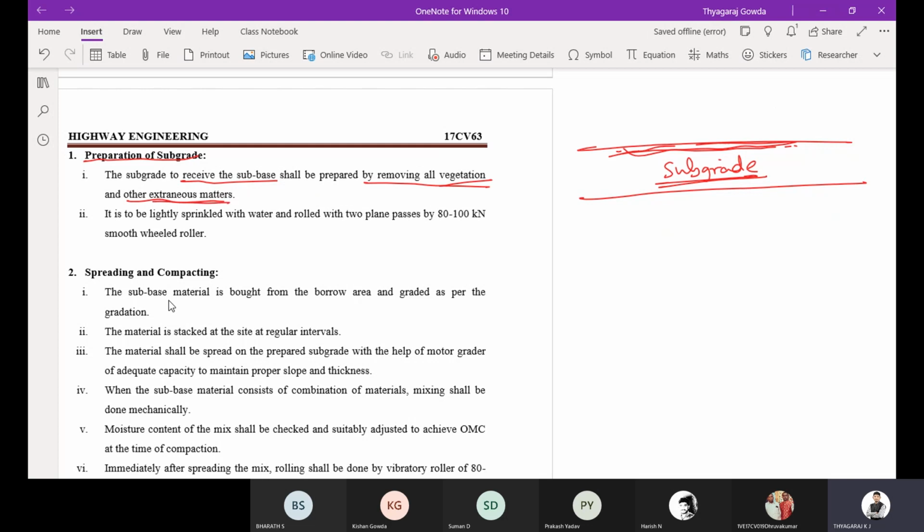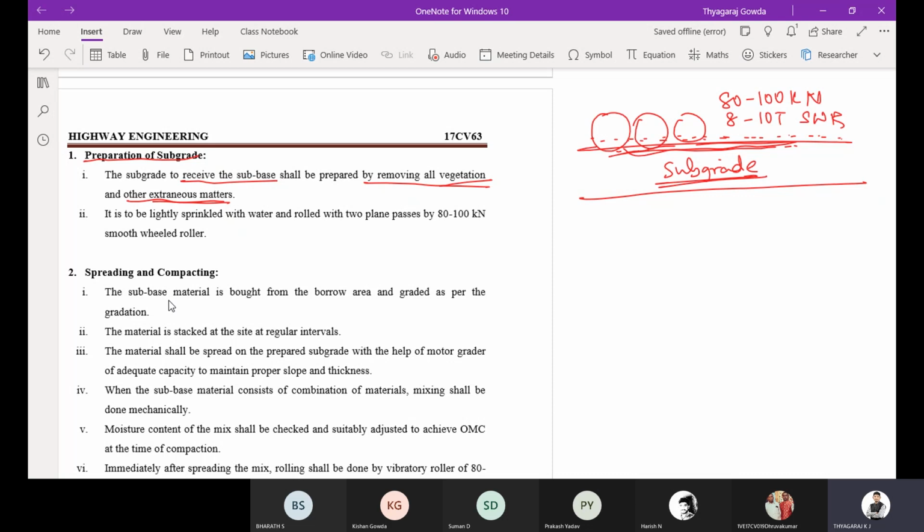Then it is lightly sprinkled with water, and you are going to compact it by 80 to 100 kilonewton, or we can call it 8 to 10 ton smooth wheel roller. So first, you have to prepare the subgrade by removing all the vegetation and other extraneous matter.